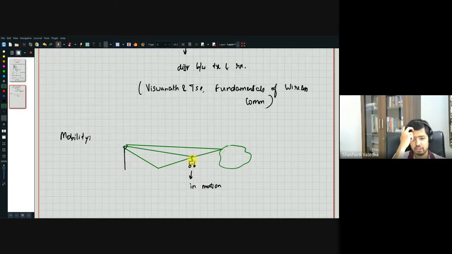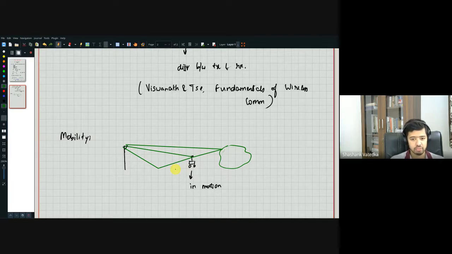The signal that is transmitted gets reflected off different objects: the ground, other buildings, or let's say hills, trees, and everything else. Some of the energy is absorbed by those objects, but a large part of it is reflected. And what the receiver gets is a sum of the signals received along all of these components.